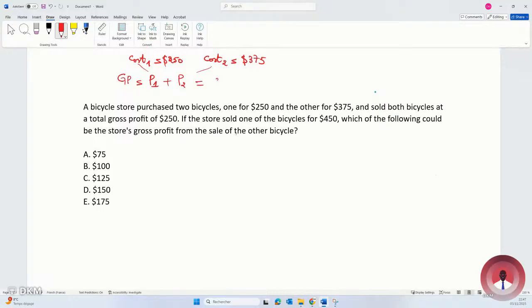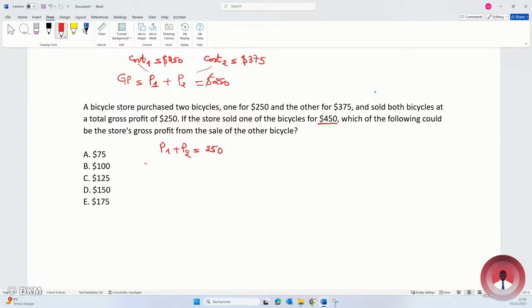And this is equal to $250. And it says if the store sold one of the bicycles for 450, which of the following could be the store's gross profit from the sale of the other bicycle? So we have P1 plus P2 is equal to 250. And this value here, we don't know if it is for the sale of the first bicycle or for the second bicycle. So we are going to try to find out.